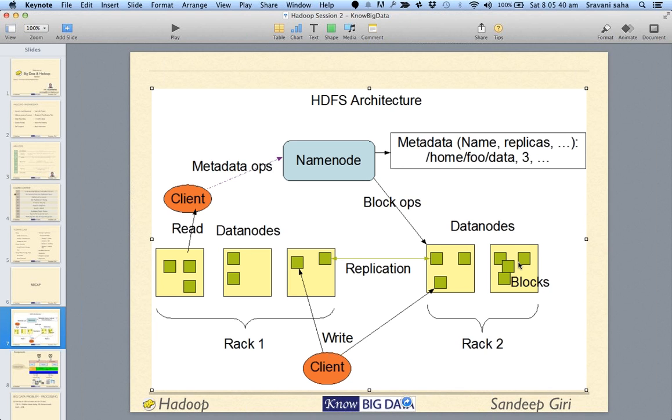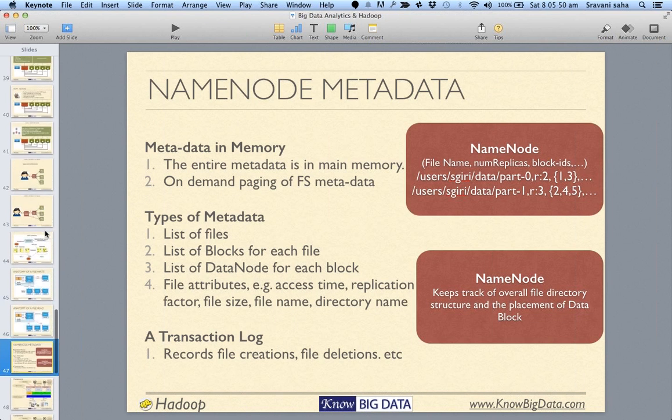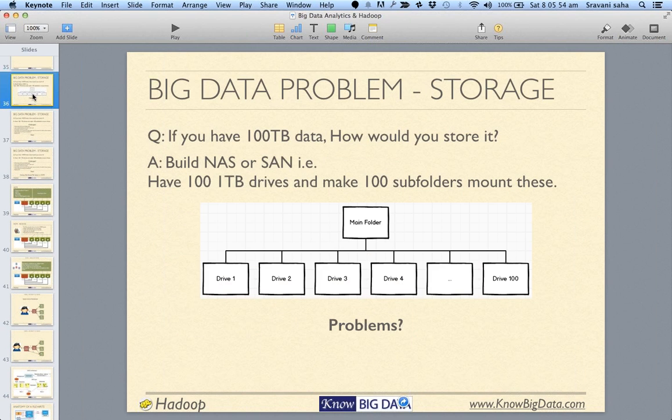For example, we discussed the architecture of 100 terabyte data in the last session. So let me just go back a bit. All right. So say for example, this was the common architecture for the larger storage.